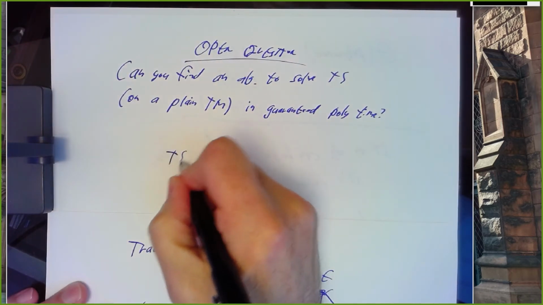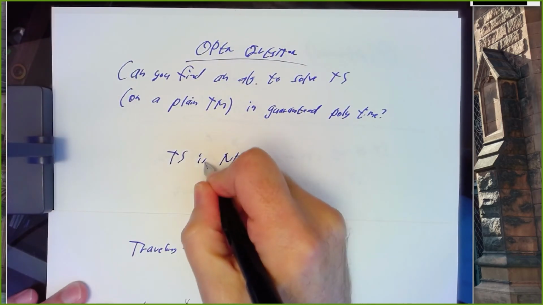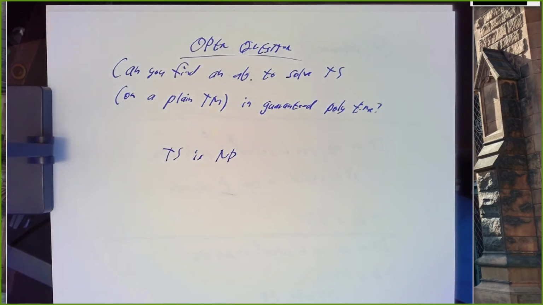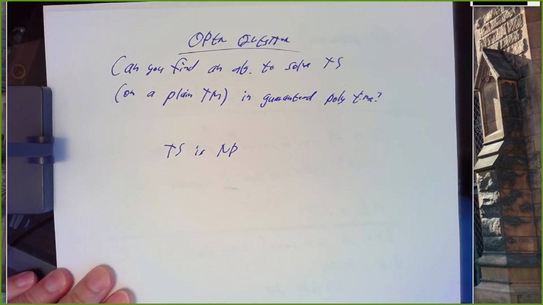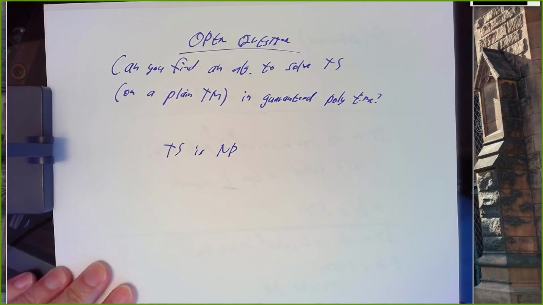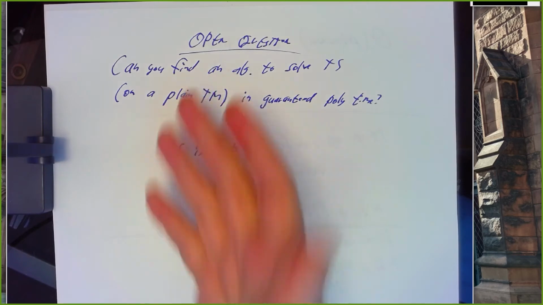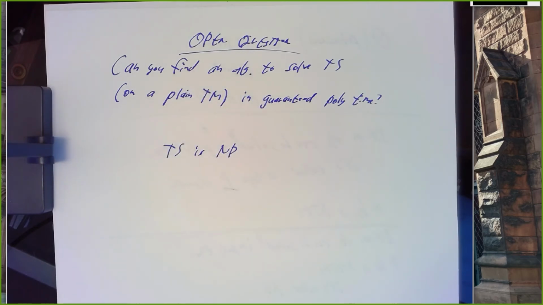So TS is NP. And there's a lot of problems that are NP. A lot of problems that you can solve in polynomial time on a Turing machine with a genie, but that we don't know how to solve in polynomial time on a plain old Turing machine. And traveling salesperson is one of those problems.